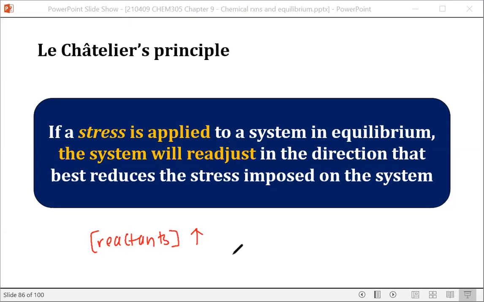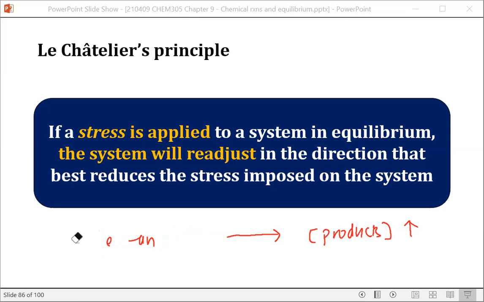It's going to readjust by favoring pushing the reaction to the right. It's going to take these reactants that have been added, the stress, and get rid of it by converting them into products. So in response to increasing the concentration of reactants, you're going to end up producing more products. This is Le Chatelier's principle in action. If you stress the system, it's going to respond to get rid of the stress.